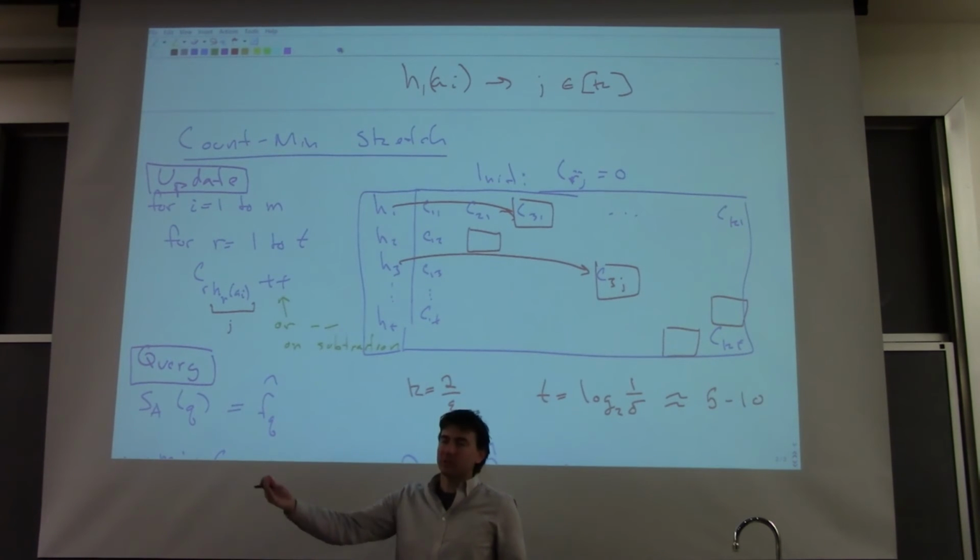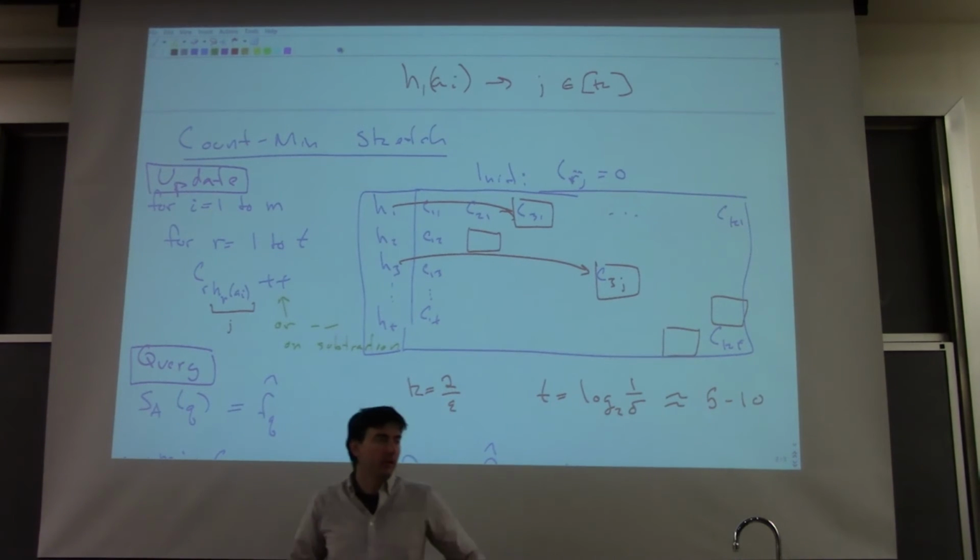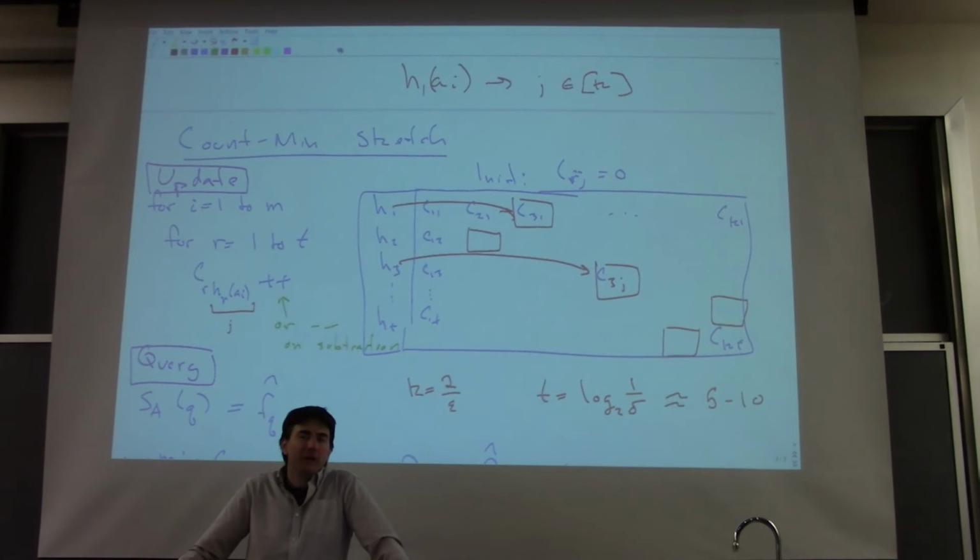And as long as I don't take out more than I put in, then everything works fine. What conditions would you subtract on? I didn't catch that. So if you're putting in a bunch of documents, and you said, no, I don't want to include this document in my data set anymore, I'm going to take this out.